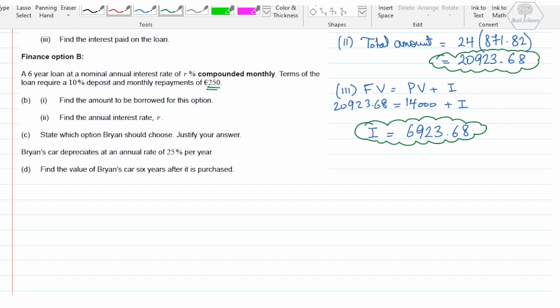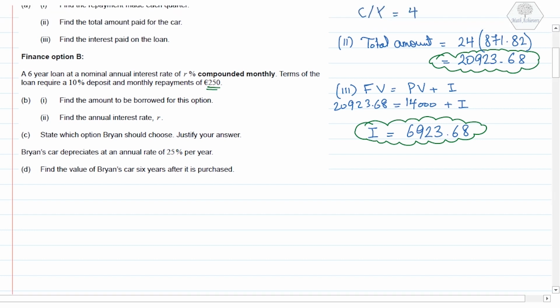Part BI, we need to find the amount borrowed. So now he deposits 10%. So the deposited amount is equal to 10%, which is 10 over 100, times the total value. So he must deposit 1,400 euros.